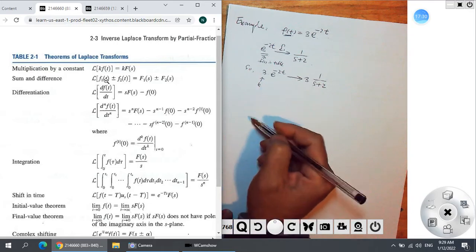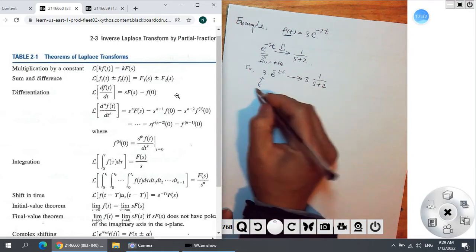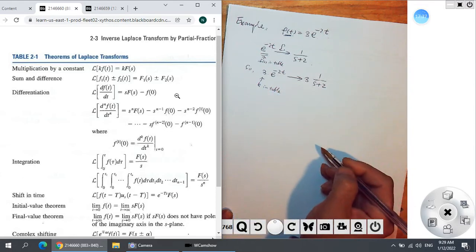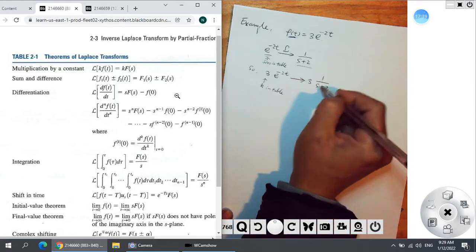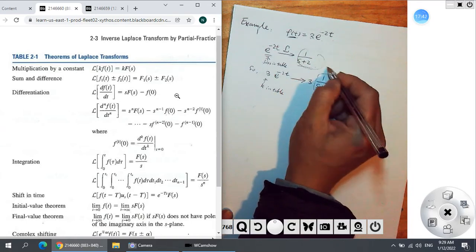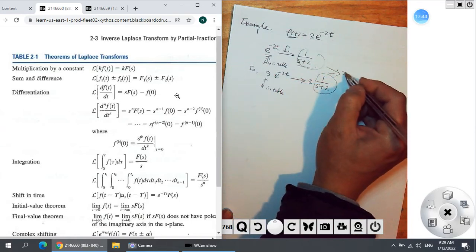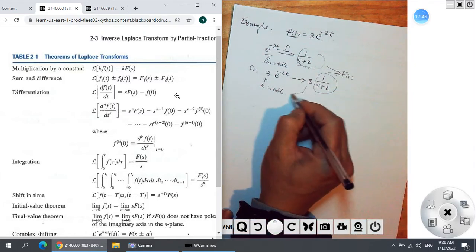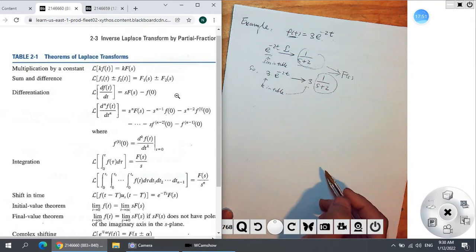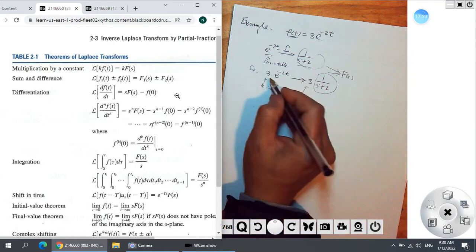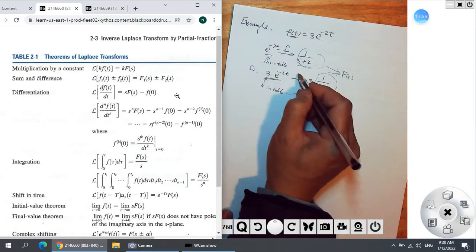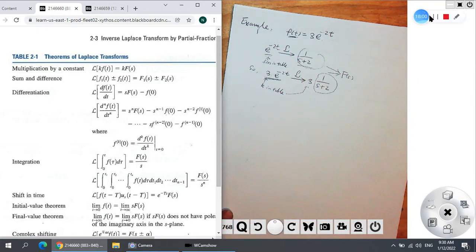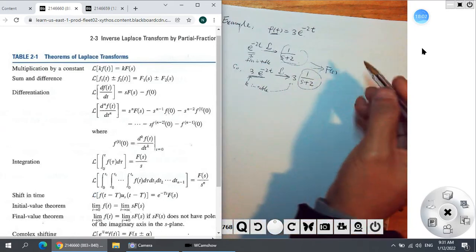This is k in the table, and this one and this one are the capital F of s, and this is also k. Now it is clear, right? What is the Laplace transform of this? It is 3 times 1 over s plus 2.